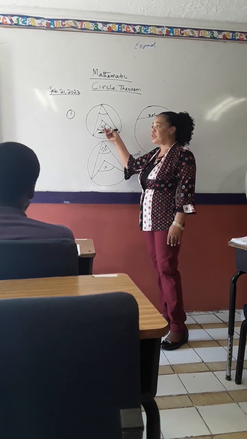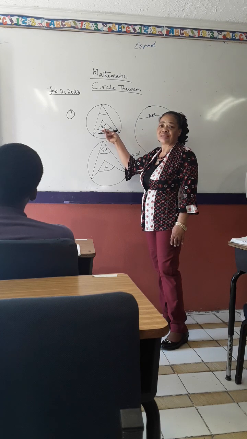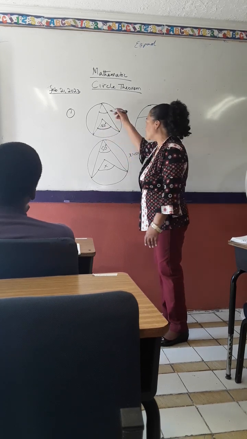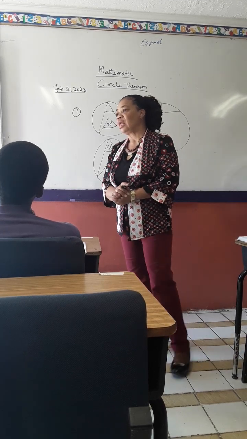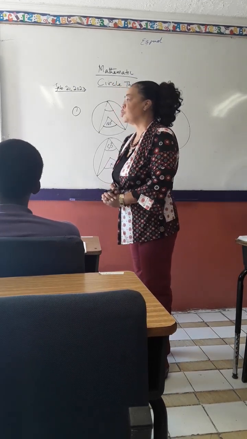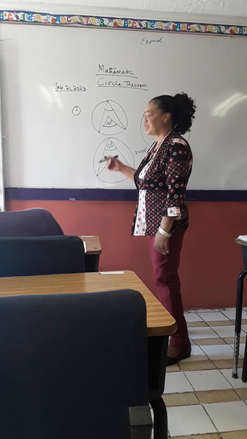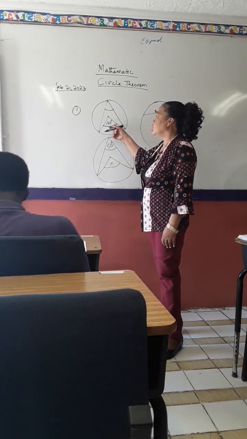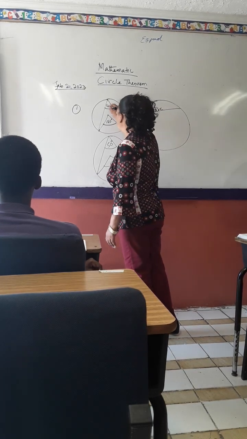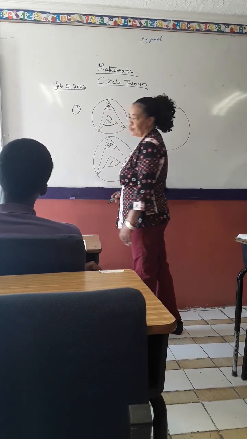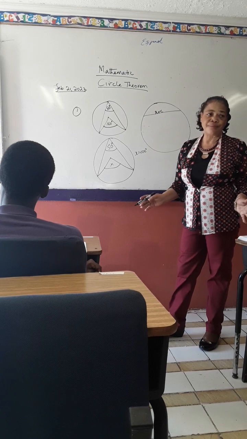They say the angle subtended is 160 degrees, and they ask me to find the angle at the circumference. The angle at the circumference is going to be half of that angle which is subtended. So this is 160, half of 160 is 80 degrees. That's one example that they gave us.